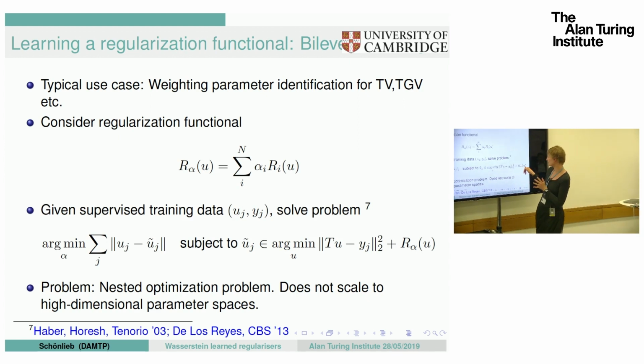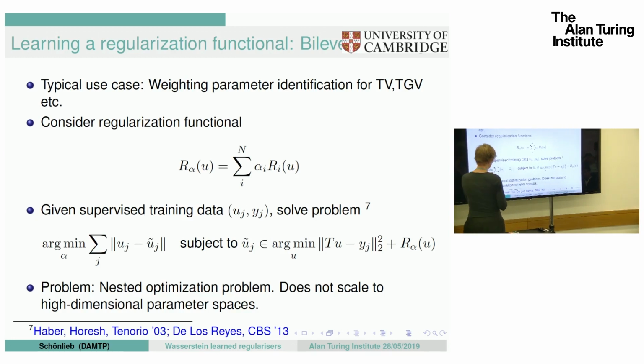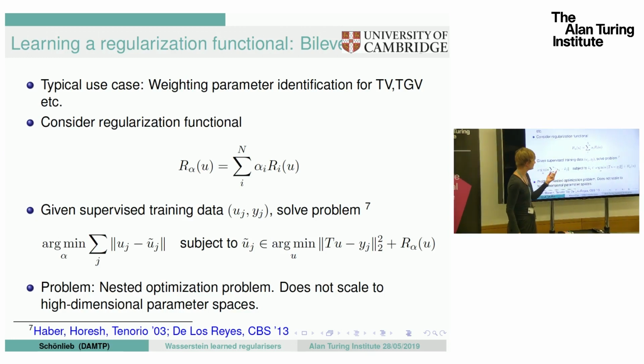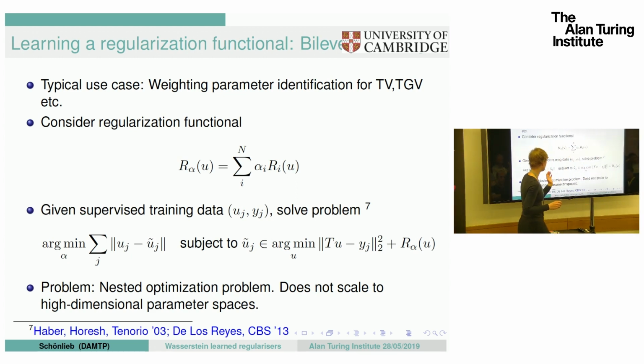And then you take this variational regularization problem and you put it as a constraint into a minimization problem where your objective is that the minimizer of this should be close to some given ground truth that you have in your training set. And then you hope that you have many of those, and you look for a good parameterization that on average works well for all of these images in your training set.